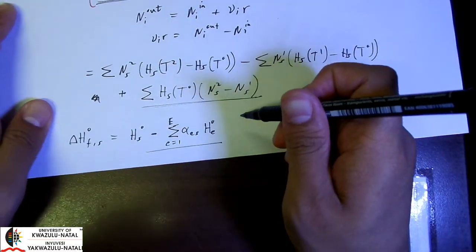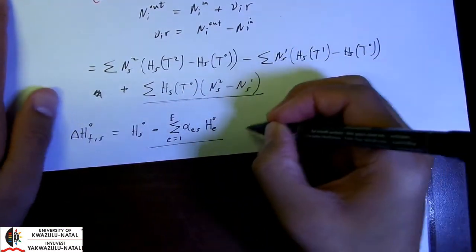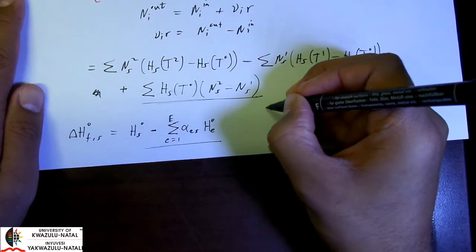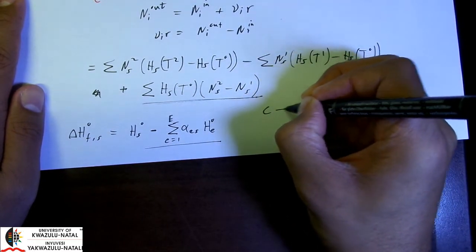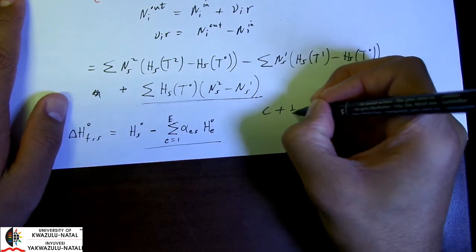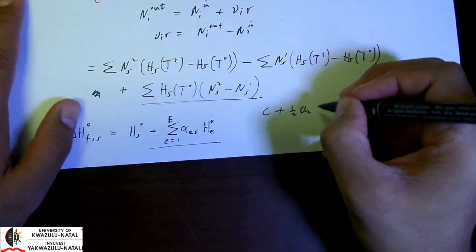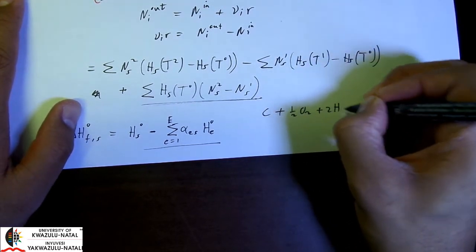Just to look at an example, remember our formation reaction was carbon plus half of oxygen plus 2 of hydrogen.